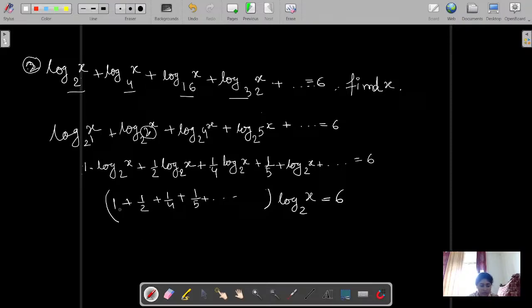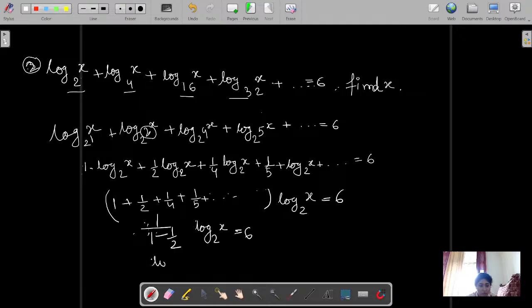So the difference of this I can take as 1 by 5, 6, it will continue like that, okay? So 1 minus 1 by 2, that is the sum of the series, log 2 base x equals to 6.